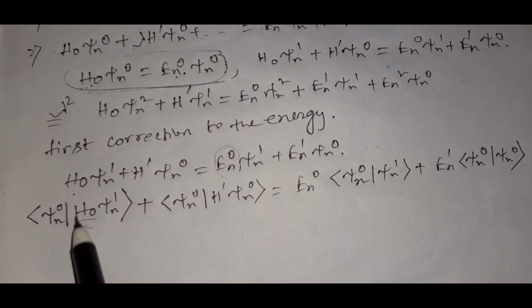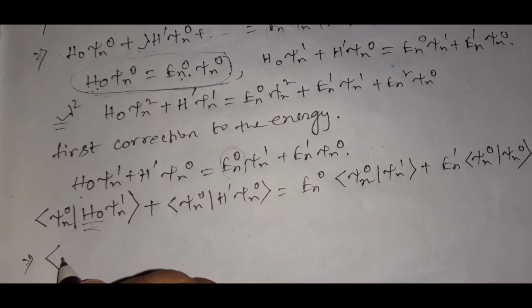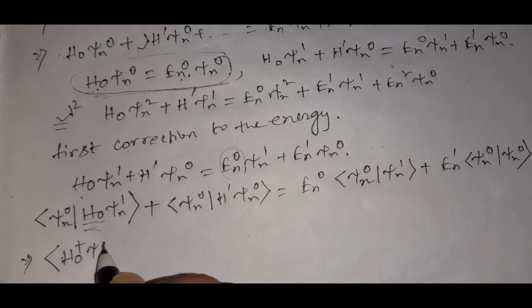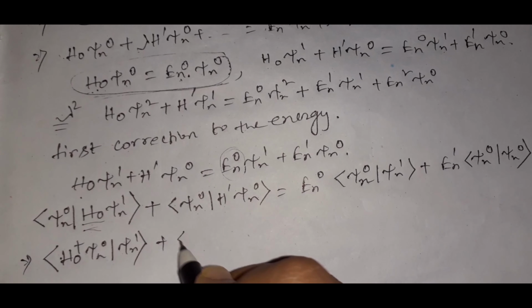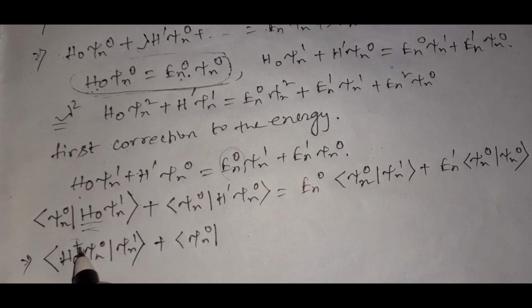As this is a Hermitian operator, I can easily put the dagger on psi n0 and psi n1, followed by a dagger.